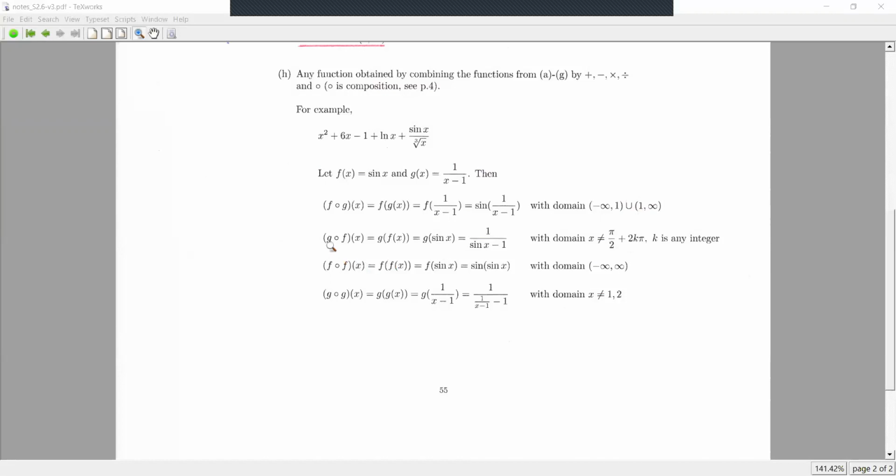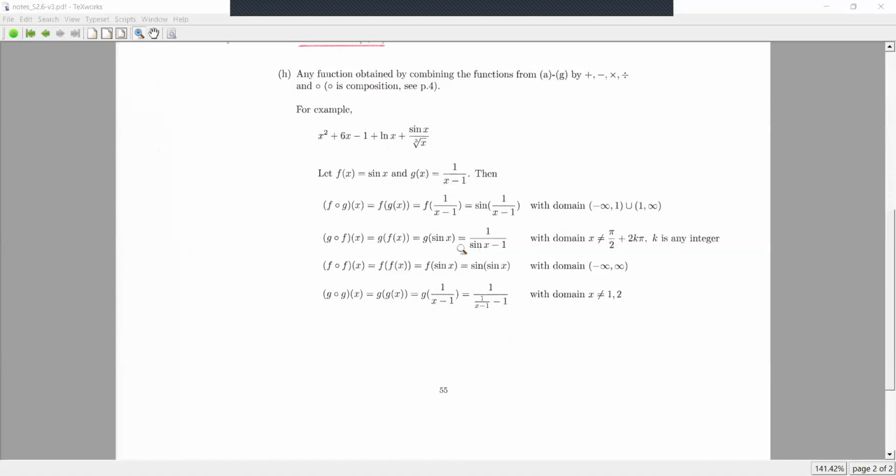Now, g circle f. G circle f, this is a new function. This new function means g of f of x. F of x is psi. Therefore, we have this equation. How to get g of psi of x? In this equation, replace the 2x by psi of x.